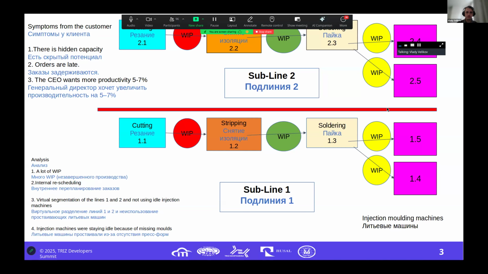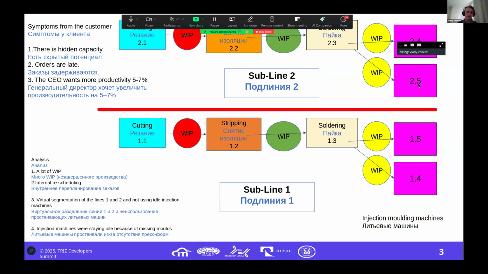They said, imagine that you have a red line, and what you cut in machine number 1.1 has to be produced in stripping 1.2, after that soldering 1.3, and in molding machines 1.5 and 1.4. You do not have the possibility to take cables from cutting machine 1 and go to injection 2.5.